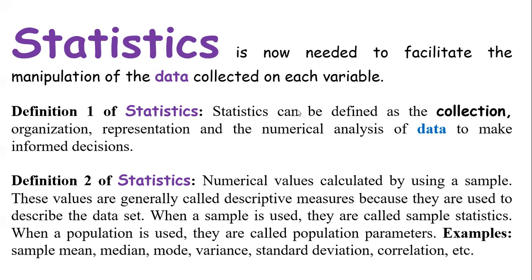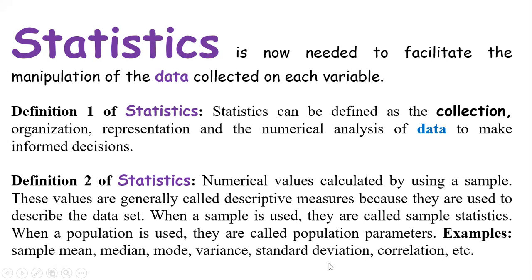Now, in that process of statistics, there is numerical analysis, that is numbers calculated on the data collected from the sample. Now, these numbers are also called statistics. Here it is, definition number 2, numerical values calculated by using a sample. These values are generally called descriptive measures because they are used to describe the data set. When a sample is used, they are called sample statistics. When a population is used, they are called population parameters.